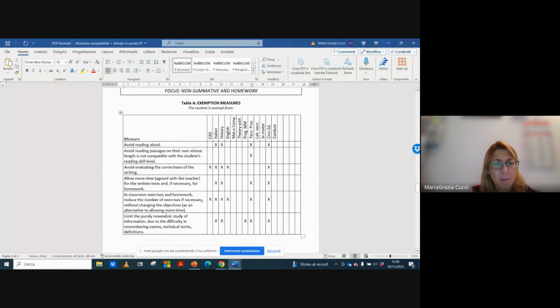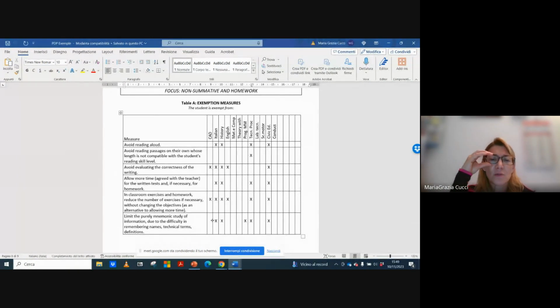Limit a purely mnemonic study of information due to the difficulty in remembering names, technical terms, definitions. For this specific student, you have these didactical methods for many subjects. So what can you do?